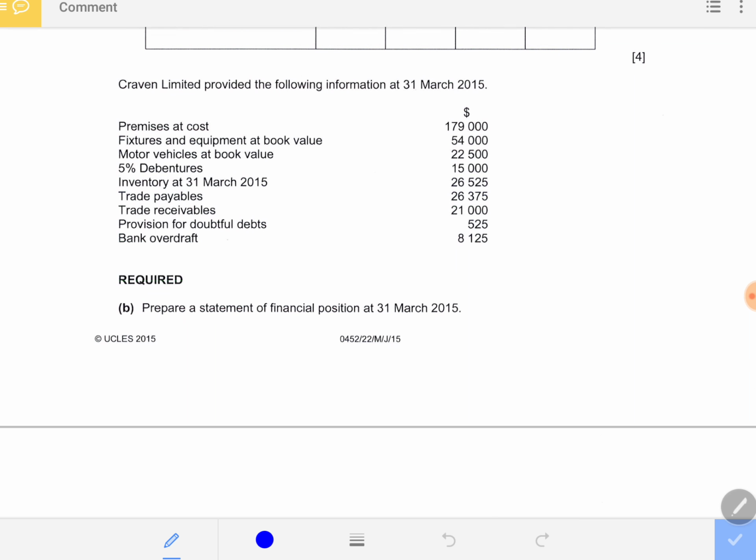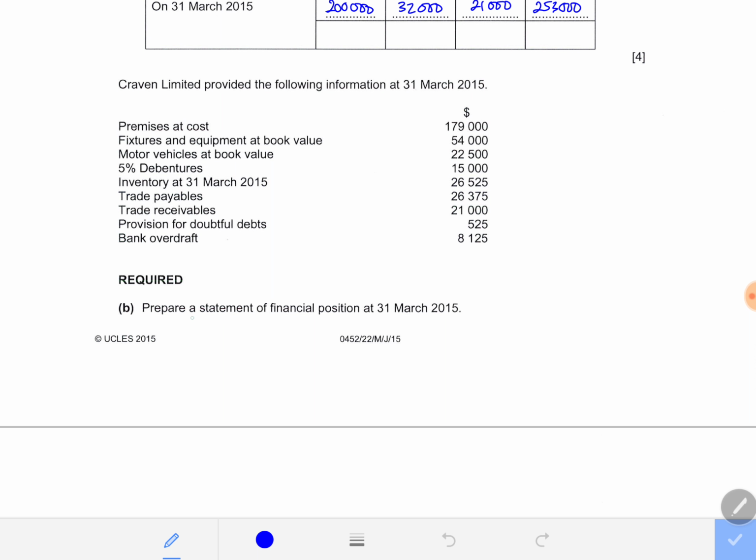Okay, next, you are required to prepare the statement of financial position. That means we are talking about non-current assets, current assets, current liabilities and non-current liabilities. Premises, fixtures, and motor vehicles will be considered as non-current assets. Debentures are considered as non-current liabilities.